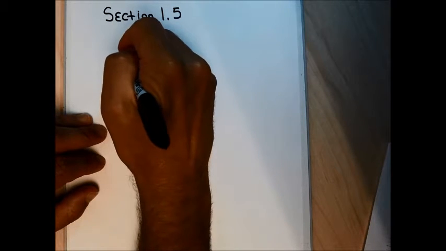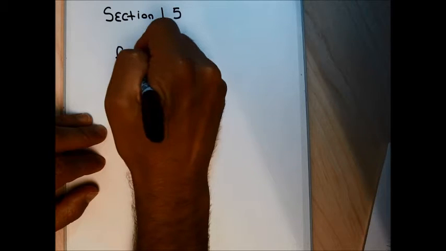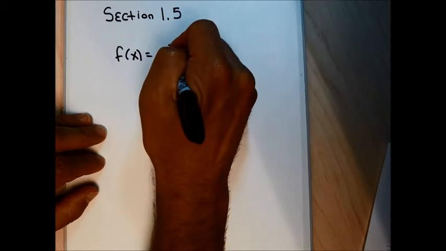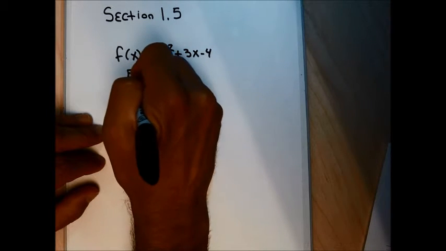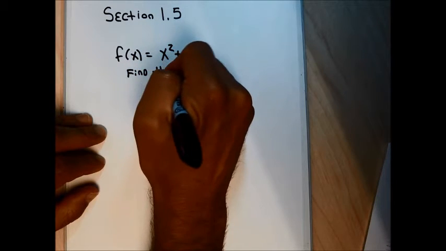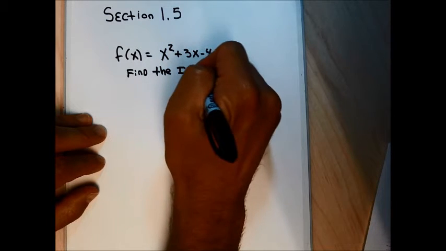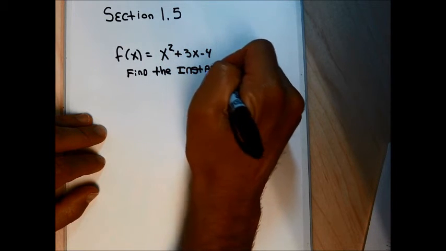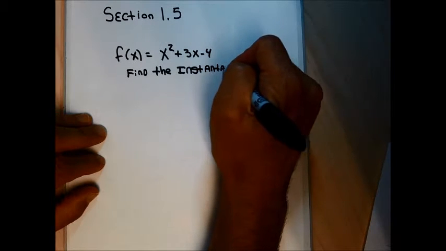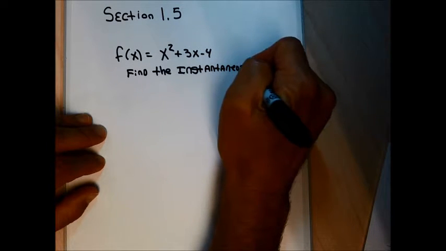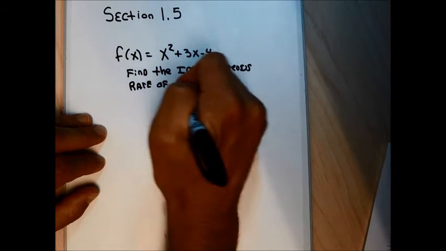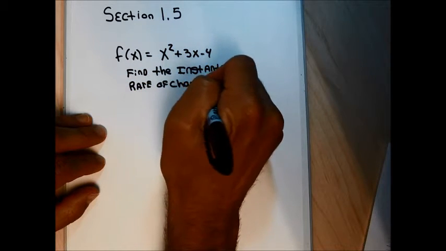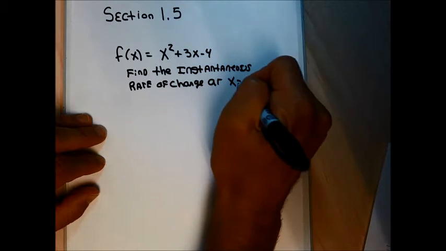function. So like we could have done something like this. If I gave you a function f of x equals x squared plus 3x minus 4, I said find the instantaneous rate of change at, let's say, x equal to 2.